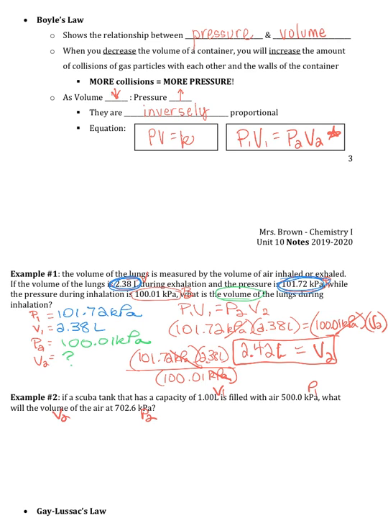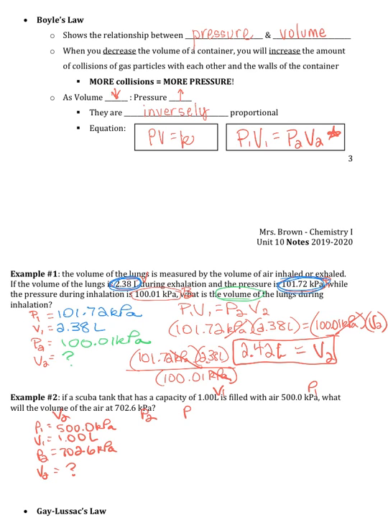So I'm going to set up my P1, V1, P2, V2. I have 500.0 kPa. My V1 is 1.00 liters. My P2 is 702.6 kPa. And my V2 is my question mark.